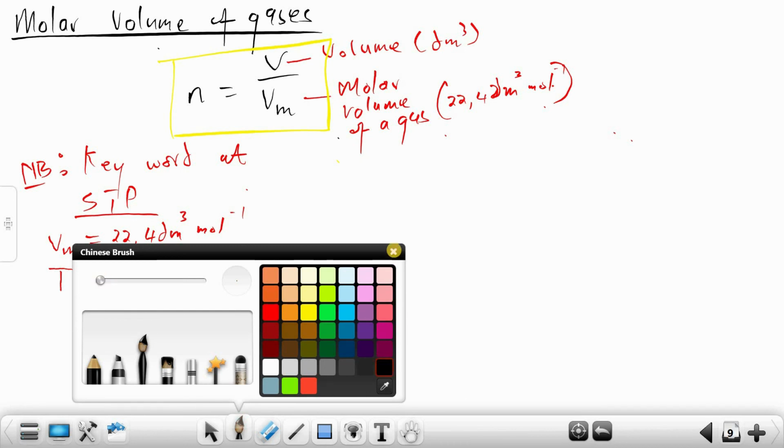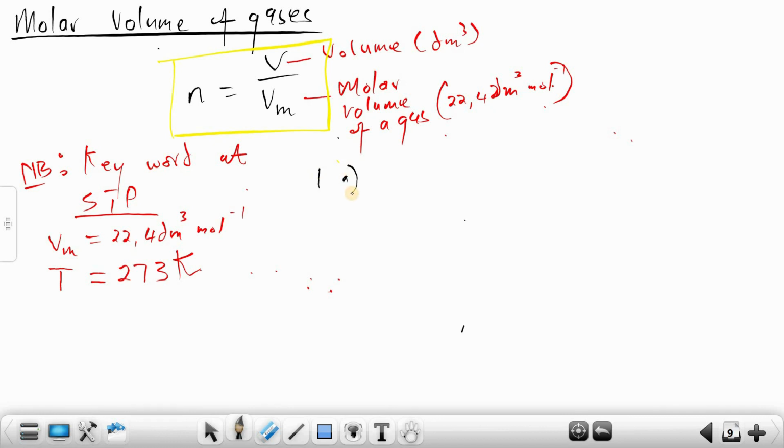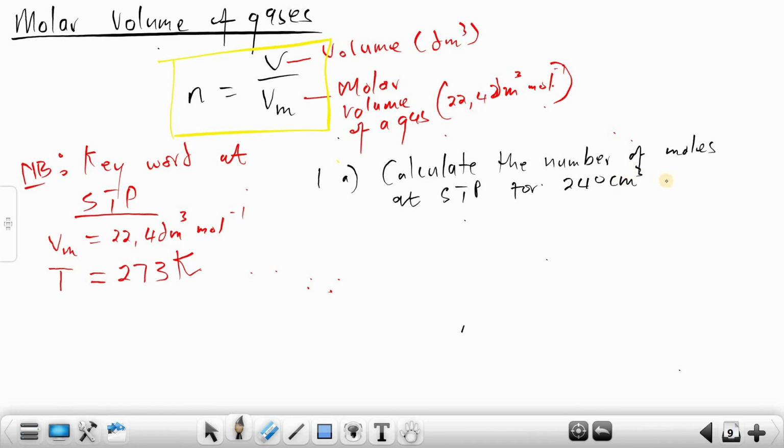The examiner says to us: calculate the number of moles at STP, keyword at STP, for 240 centimeter cubed of He. That is helium gas.